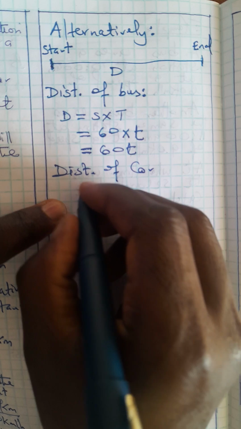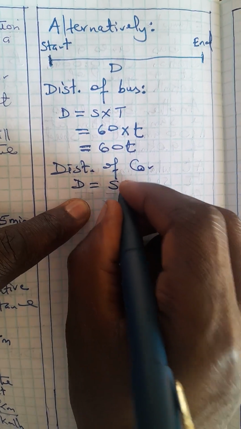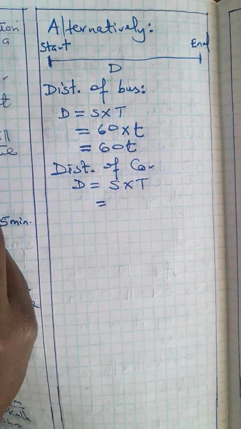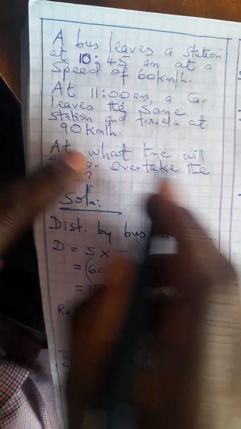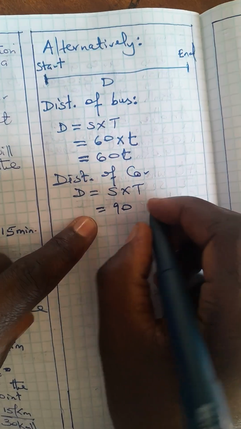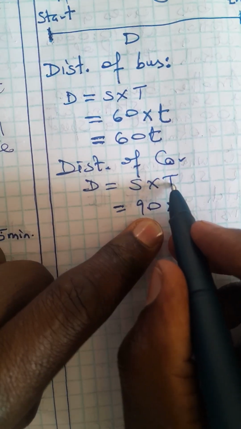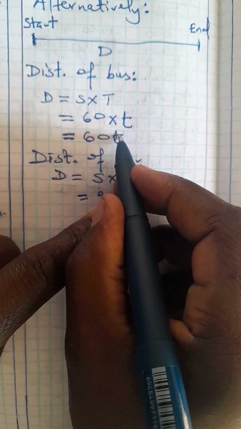We use the same formula, speed times time, and the speed of the car is 90 kilometers per hour. But the time taken by the car is not the same as the time taken by the bus.